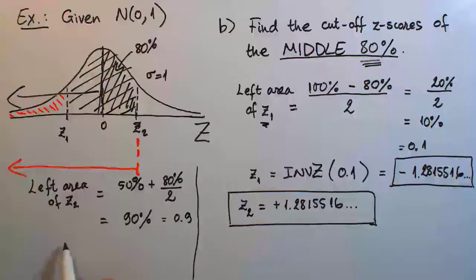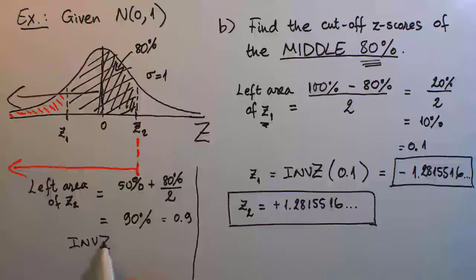And once again, there are plenty of technological resources out there so that we can invert an area and come back with a Z. Here I designed my program INVZ, and I'm going to use it for my own convenience.